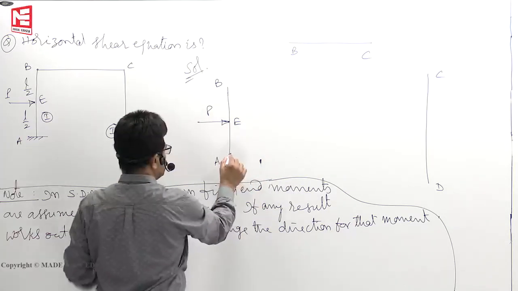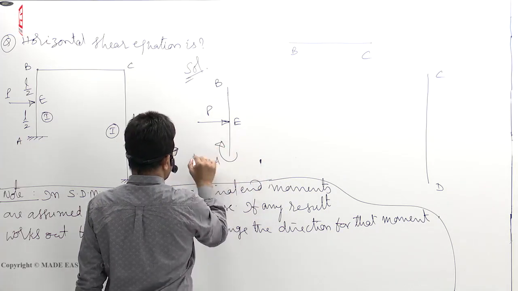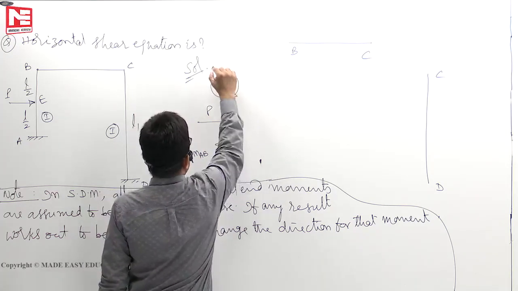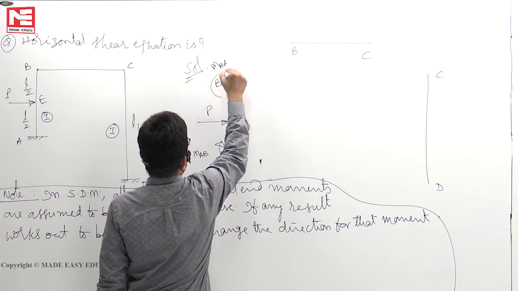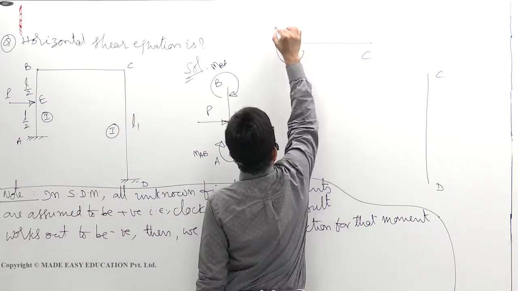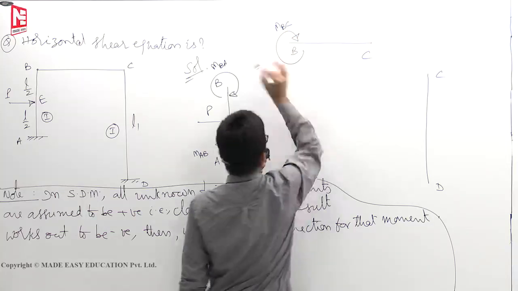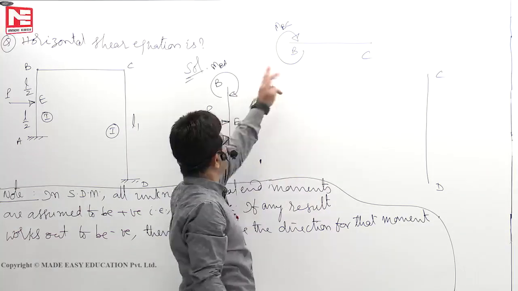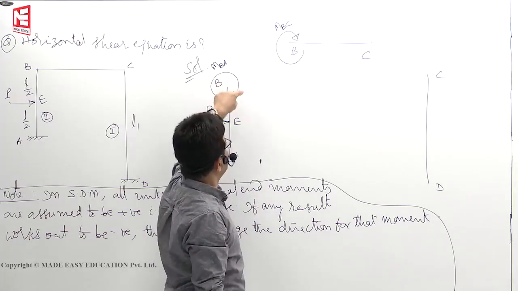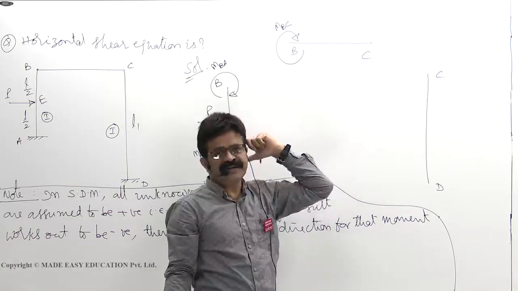On that, you have to show the moments. MAB clockwise, you will take it. MBA is also clockwise. Final end moment at B for the span BA clockwise. MBC also you will assume clockwise. But which is wrong? But which is correct? Is this correct or this correct? We don't know. If at all one is correct, another you will get automatically negative sign.